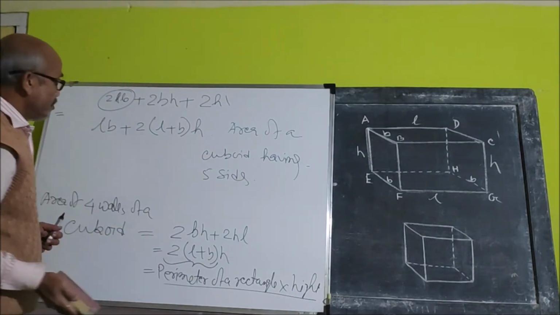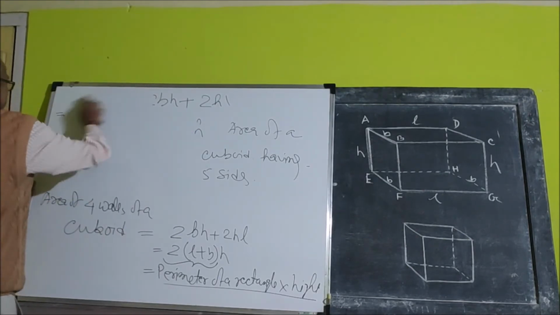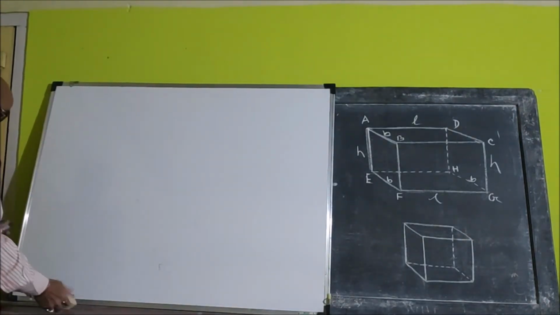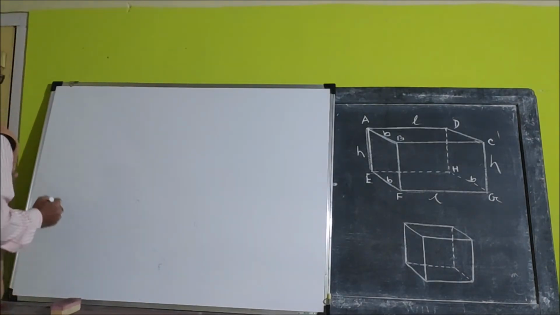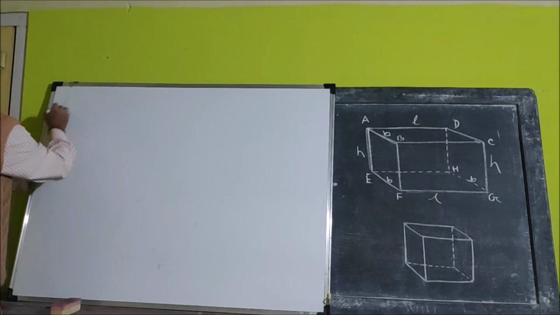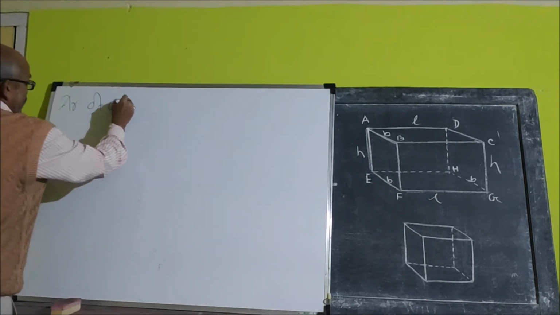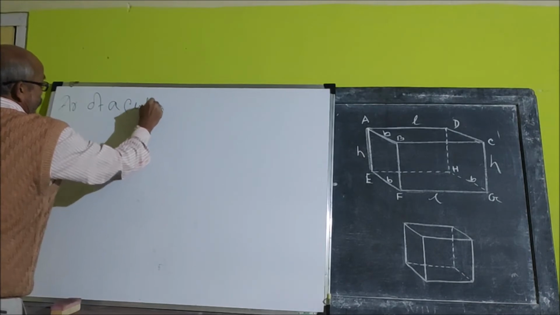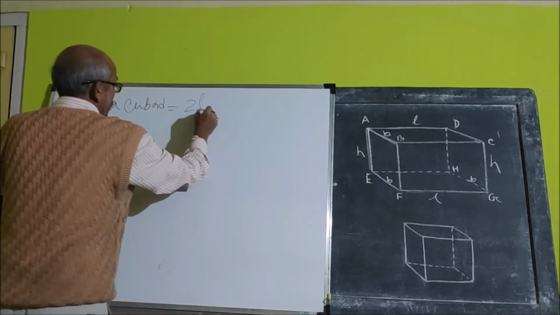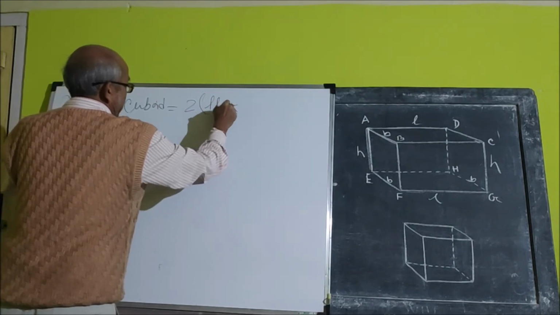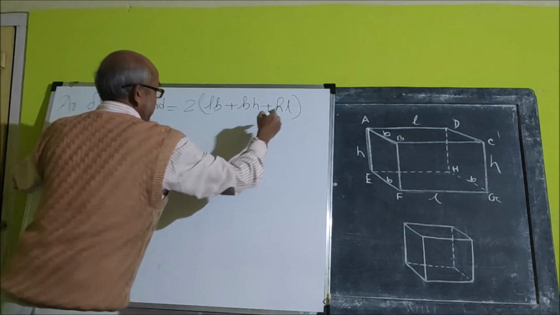Now, the comparative study we can discuss like this, especially for class 9. Area of a cuboid. Formula: 2(LB plus BH plus HL).